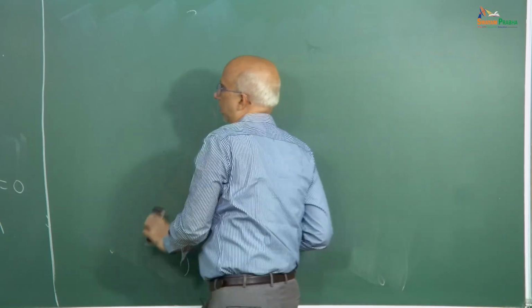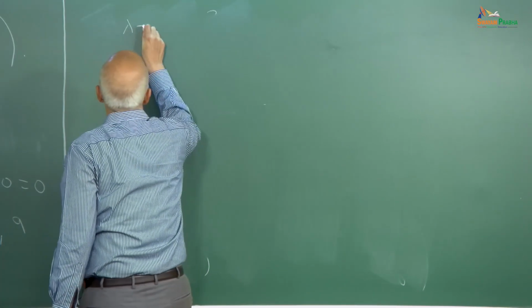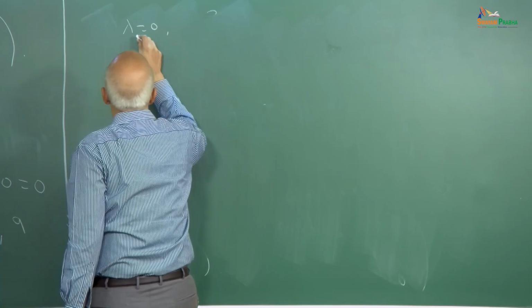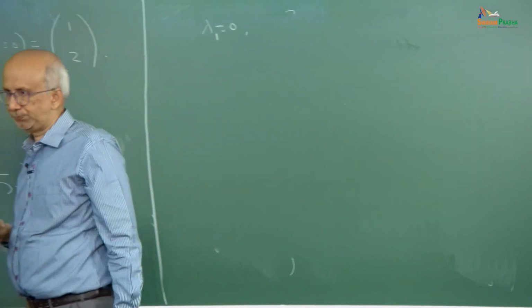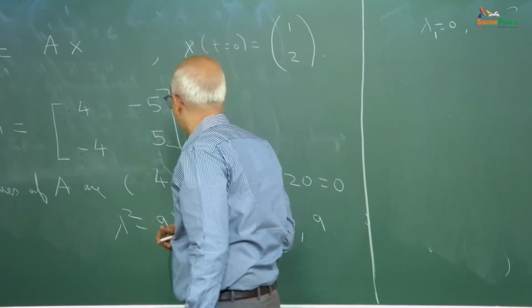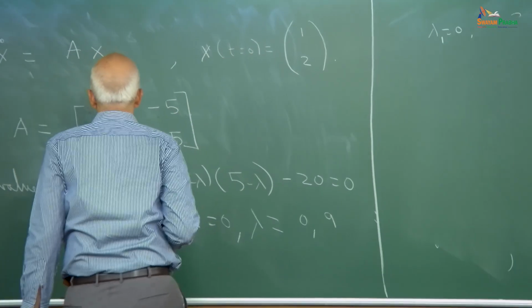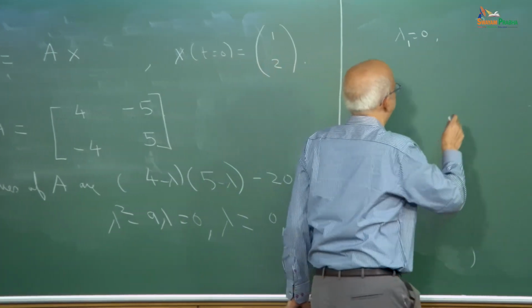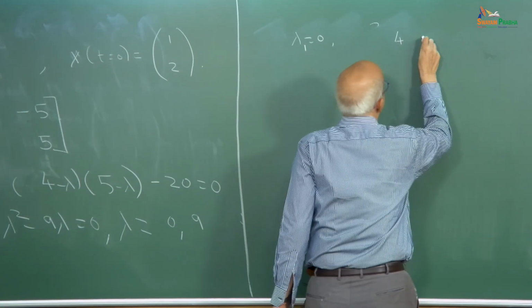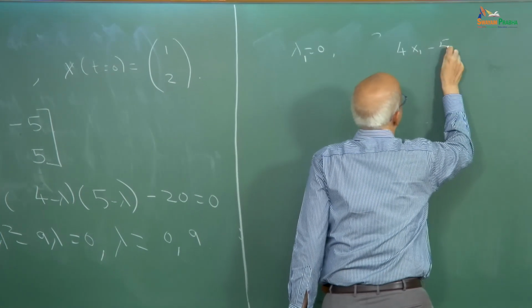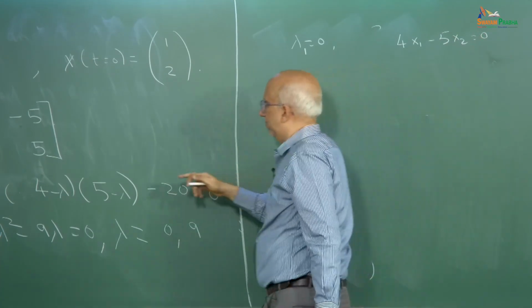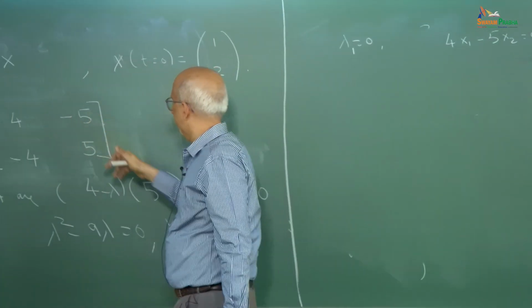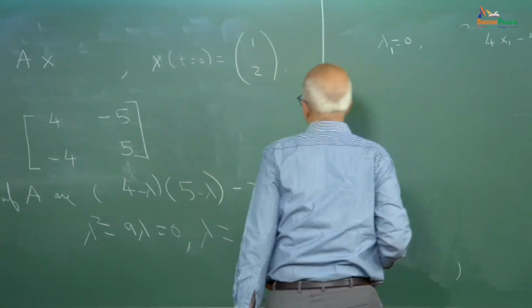So now, corresponding to lambda equal to 0, I am saying the first eigenvalue is 0, lambda 1 is 0, okay. What is the eigenvector? 4 x1 minus 5 x2 equal to 0. It is the same thing because the 2 by 2 system, I'm not going to write it again, okay.